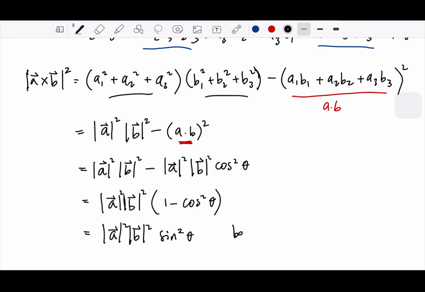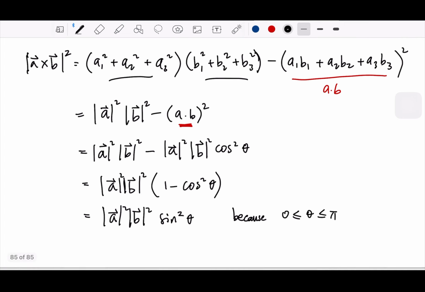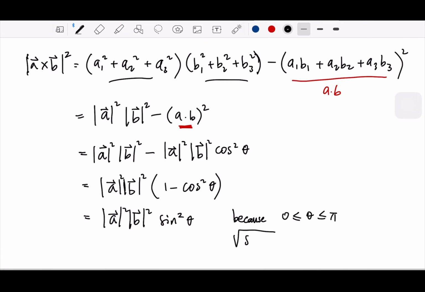And because theta is from 0 to pi, the square root of sine squared theta should be positive, not negative, right? So we have the magnitude of A cross B is the magnitude of A times the magnitude of B times sine theta.